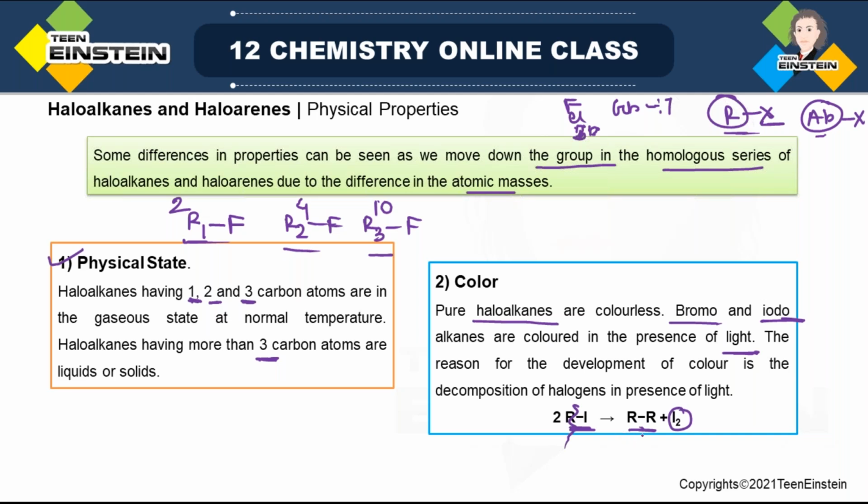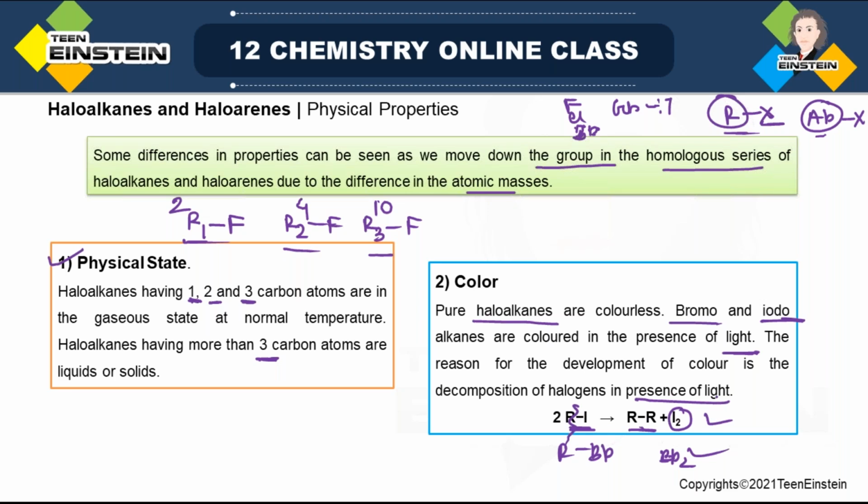And we know that free iodine, a diatomic molecule, is basically solid, but it also has some vapor form which is violet in color. So because of this generation of I2, and when it is RBr, there will be generation of Br2, these are having some color. So development of color is basically because of this type of reaction, which is possible only in the presence of light.